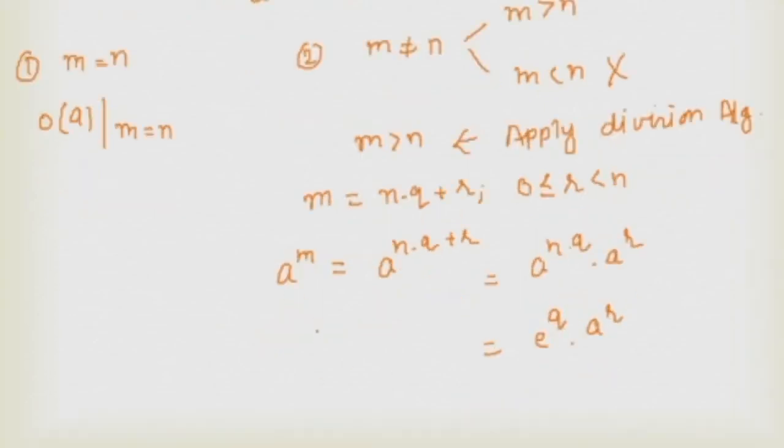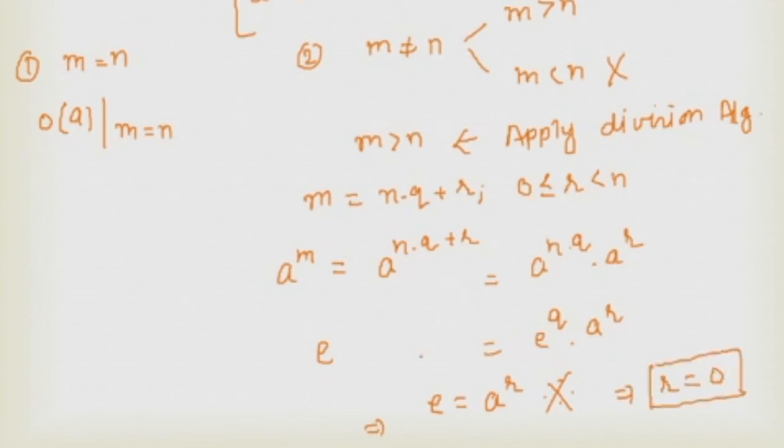A raised to the power m was given to be identity, so I got identity is equal to a raised to the power r, which is a contradiction to the fact that n is the smallest positive integer such that a raised to the power n is identity. Because my r has two choices, either r can be 0 or r should lie between 0 and n, it says that r has to be 0.